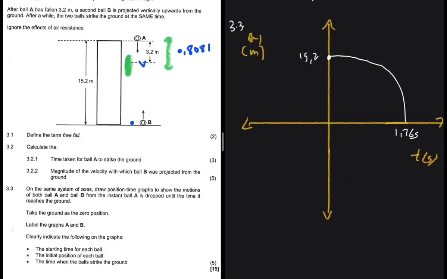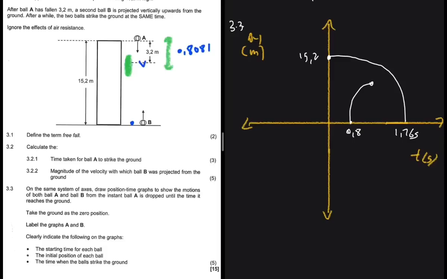And then now we have to go to ball B. Ball B is only projected 0.8 seconds later. So we have 0.8 here, right? Yeah, that is the time at which it is projected. And then it goes up to its maximum height, which is less than that of ball A. Yeah, it's easy to see.